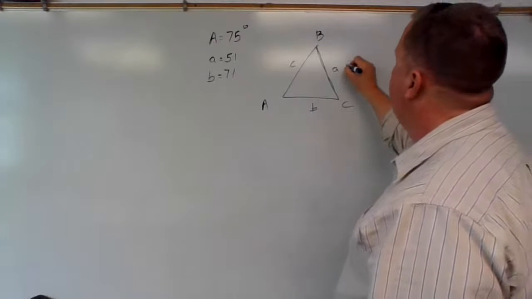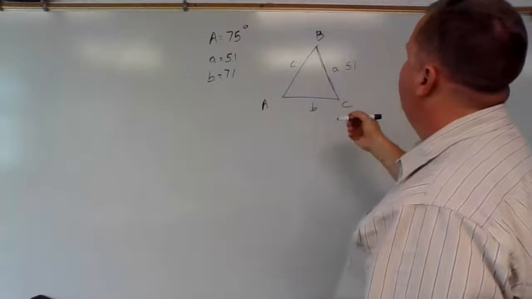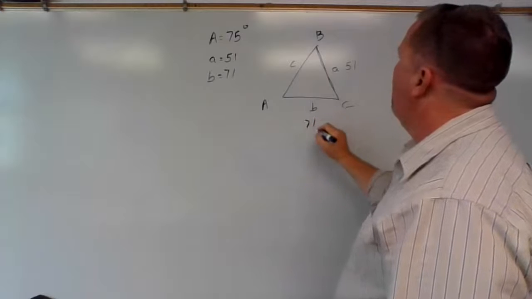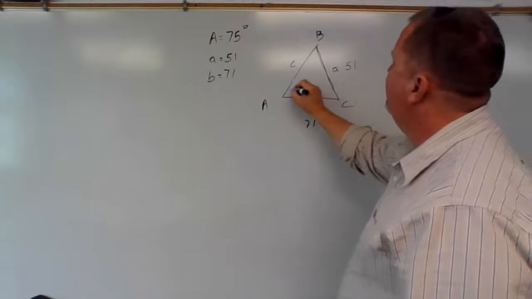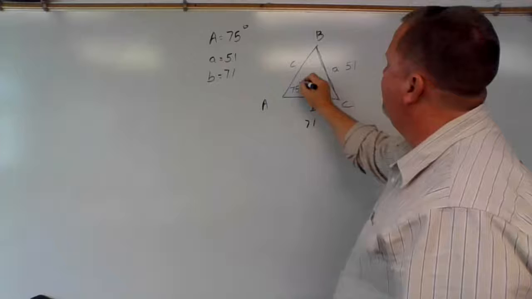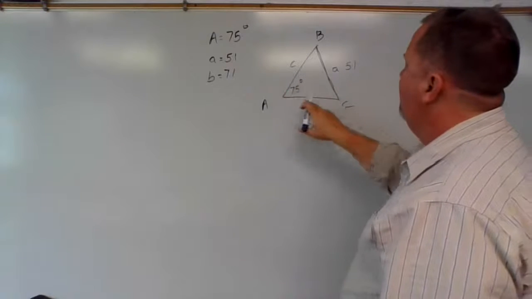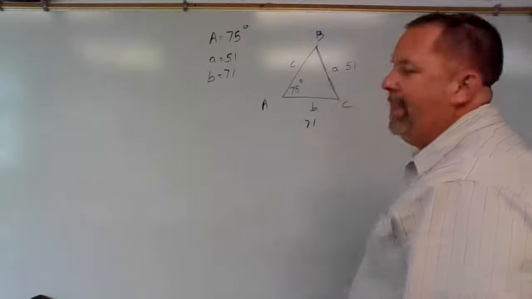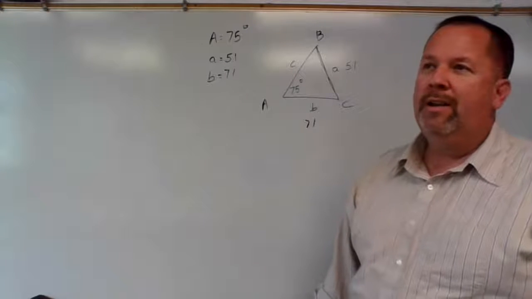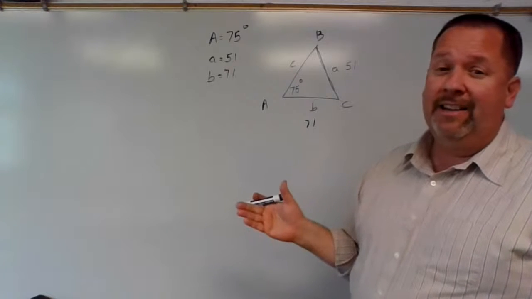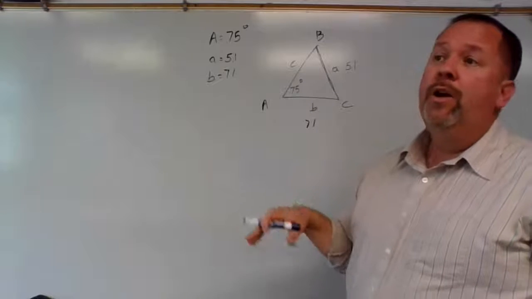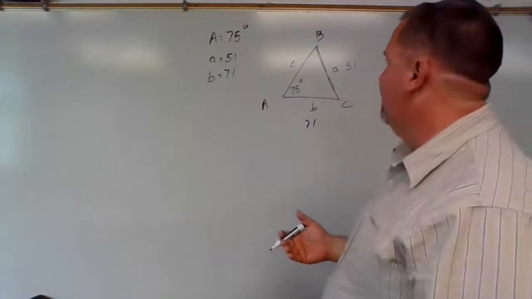This is 51. This is 71, and this is 75 degrees. So again, I have angle, side, side. I don't know for sure that I have any triangle that exists, or I may have one, or I may actually have two triangles that could exist.